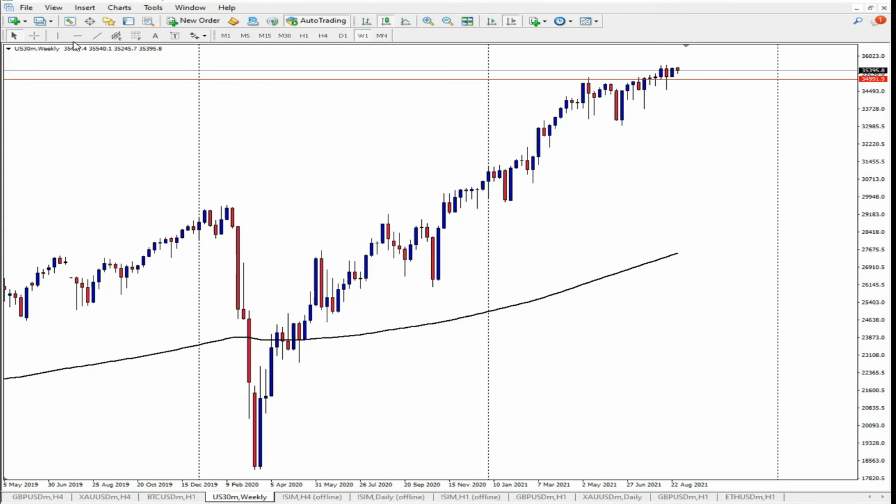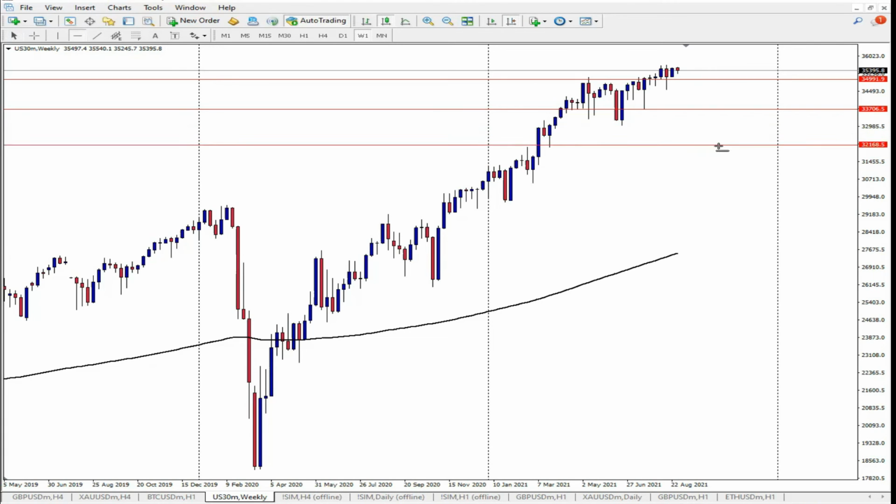At that point, we can start expecting some strong sells all the way to 33,706, or it might even dip lower to the 32,076 area. Remember, this is on the weekly.